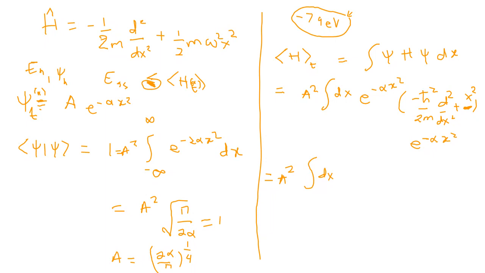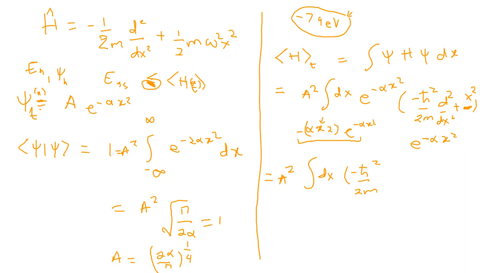So when you take the derivative in x the first time, it's going to give you minus 2 alpha x e to the minus alpha x squared. This is the first derivative. Then when you hit it again, you get something like minus h bar squared over 2m.